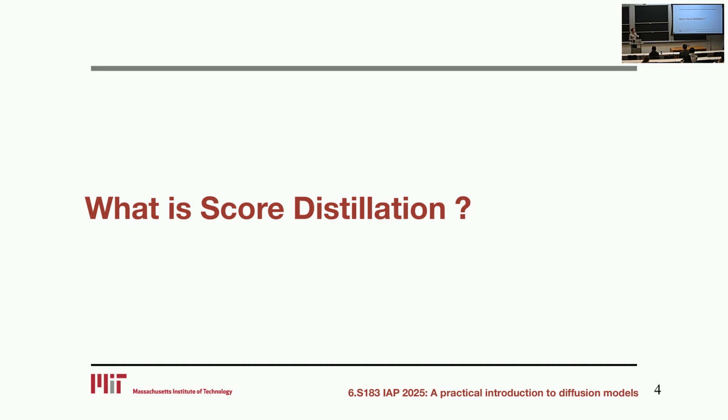And typically, this gradient of the logarithm, we call it a score. And score distillation is something around taking this score and applying it somewhere else. And if you remember, the objective that we use to train the diffusion model is called score matching. And the reason it's score matching is because we take one noise from one diffusion model, take another noise from another diffusion model, and try to match them with an L2 loss. Anyway, this is just some intuition from the start.